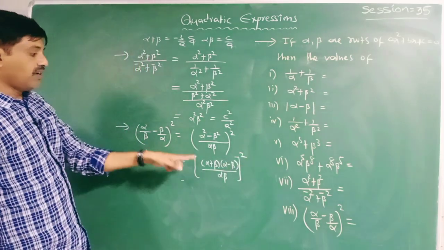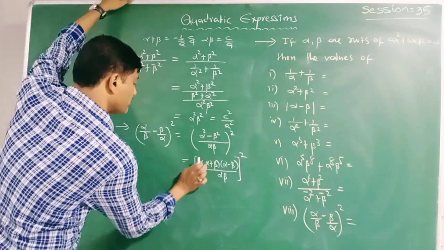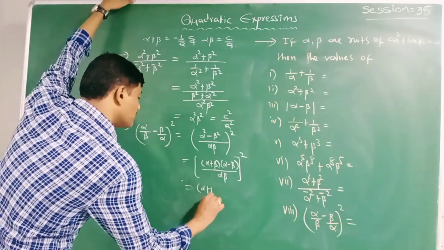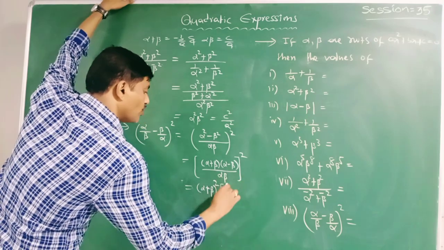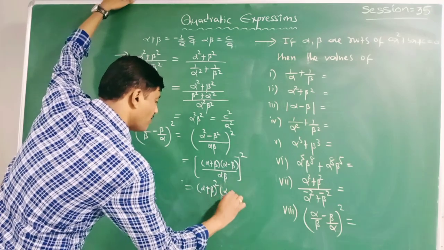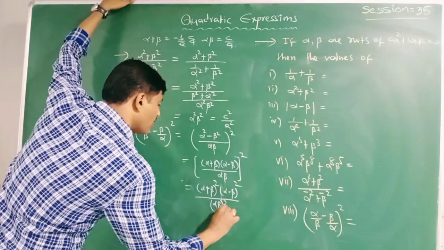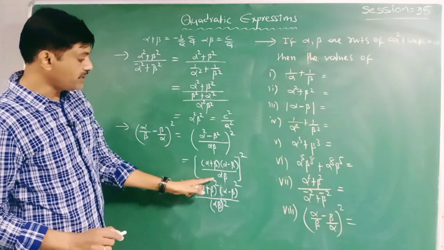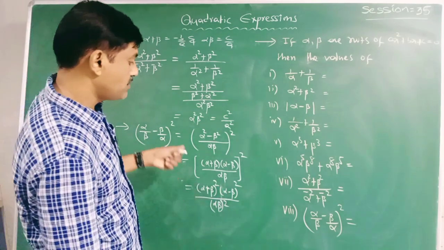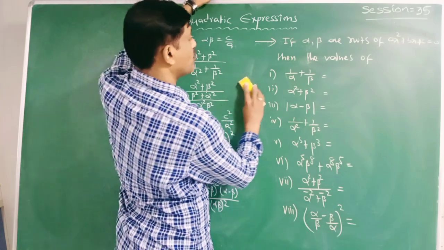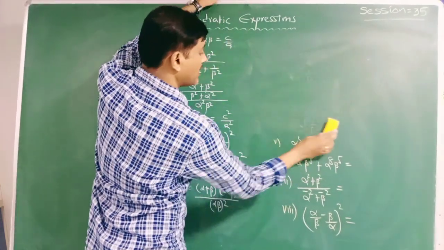Here alpha plus beta we know, and alpha minus beta we don't know, so we have to find the alpha minus beta value.